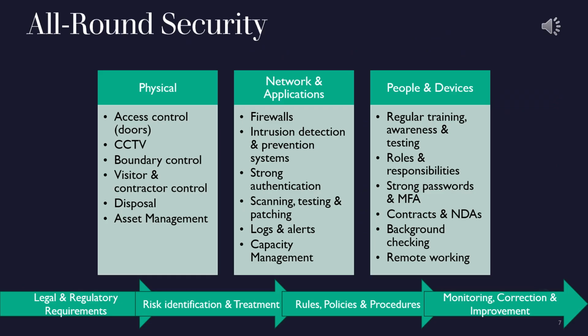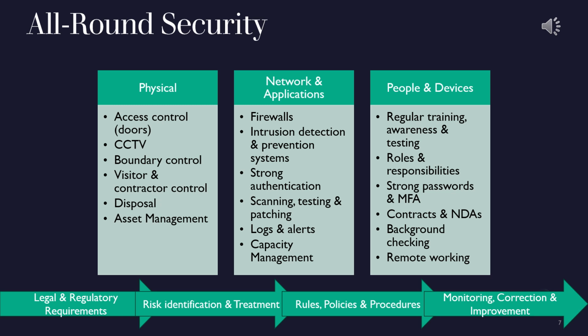What security controls should we be considering? Controls are always designed based on the security risk. So, if we have identified physical risks as part of our risk assessment, then controls like door locks, CCTV, and asset management should be applied. When we consider network and application risks, then it's good practice to implement information security controls, which include intrusion detection and intrusion prevention software, strong authentication controls like multi-factor authentication, and vulnerability scanning and patching.